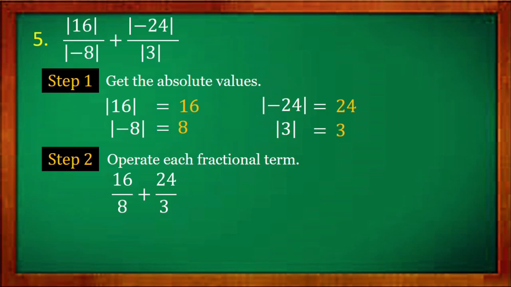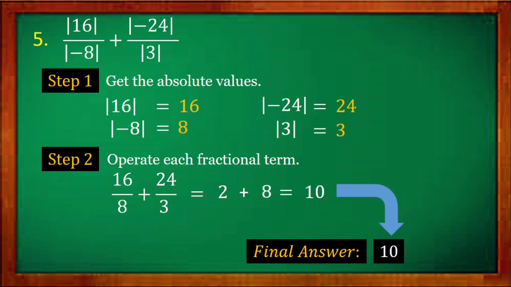So i-divide natin, 16 divided by 8 is just 2. Then 24 divided by 3 is just 8. Then kopyahin natin yung operator natin, which is plus. If we are going to get the sum of these numbers, 2 plus 8 will just give us the sum 10. So that is why our final answer is positive 10 or just 10.